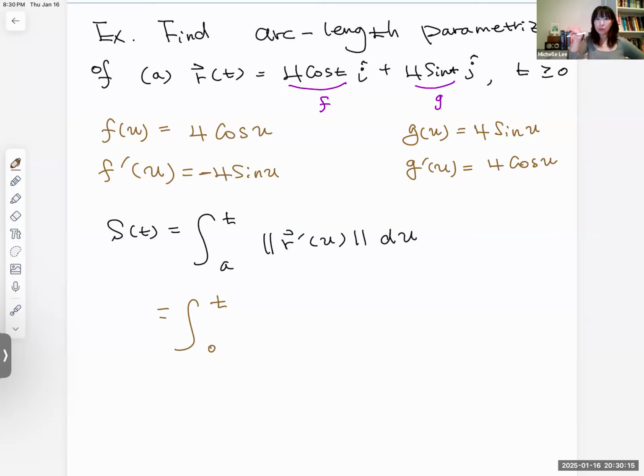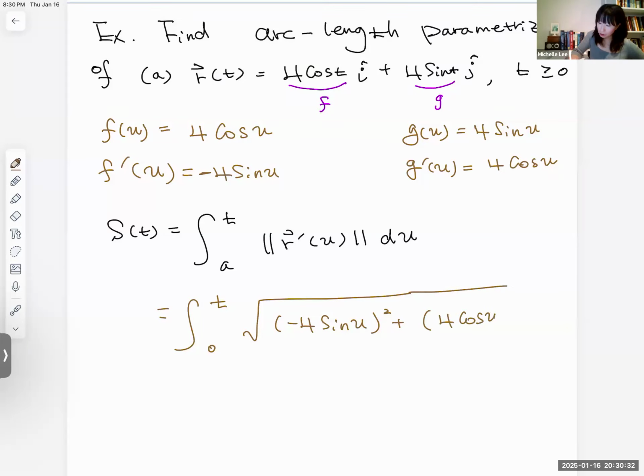And then the magnitude of r prime of u is the square root of negative 4 sine u squared plus 4 cosine u squared, du, from 0 to t.